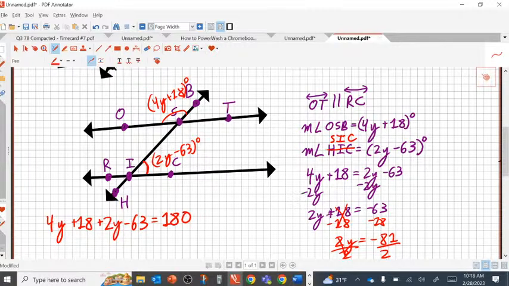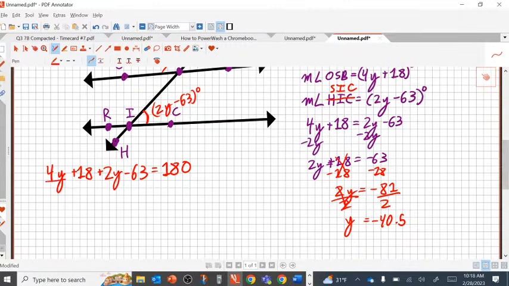And then we can combine like terms. So 4y plus 2y is 6y. 18 minus 63 is negative 45. Equals 180. And now we can solve this as a two-step equation, and life will be good and green again.